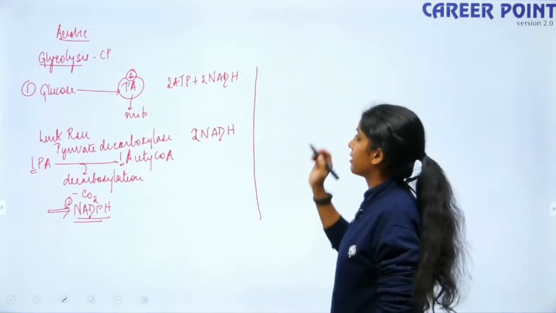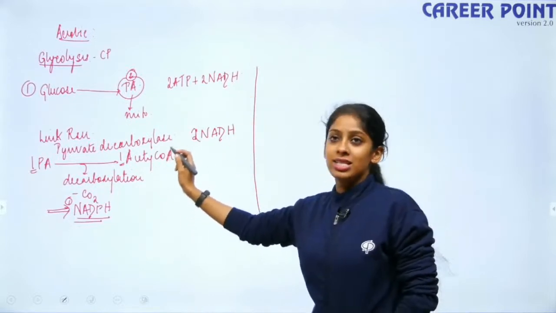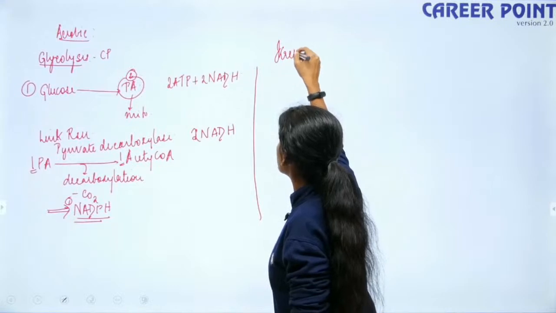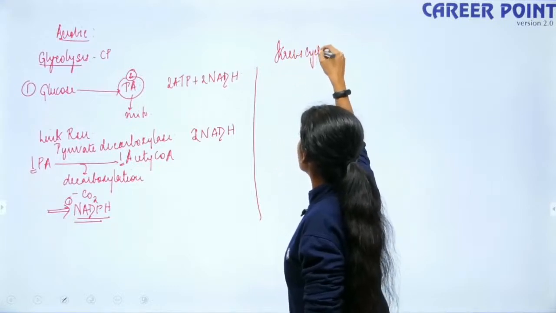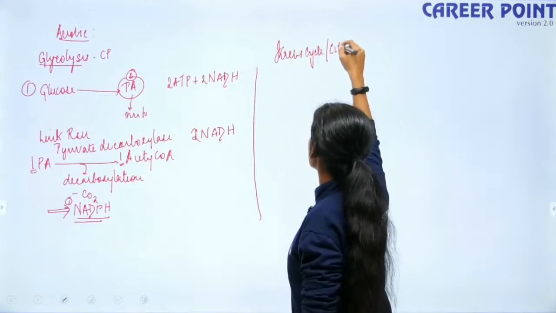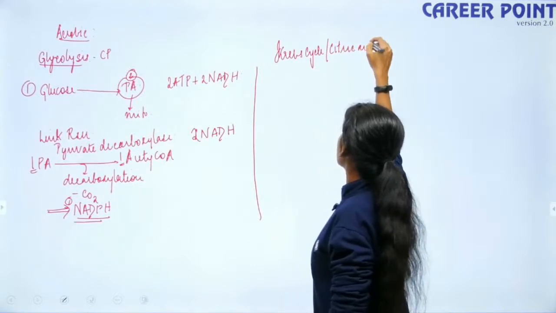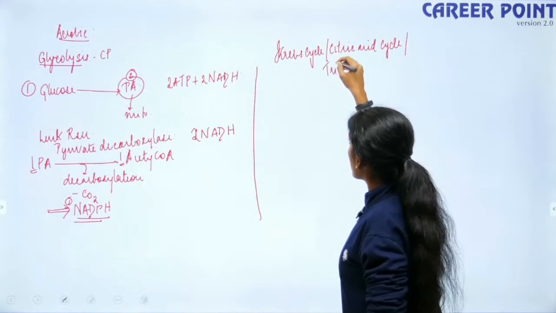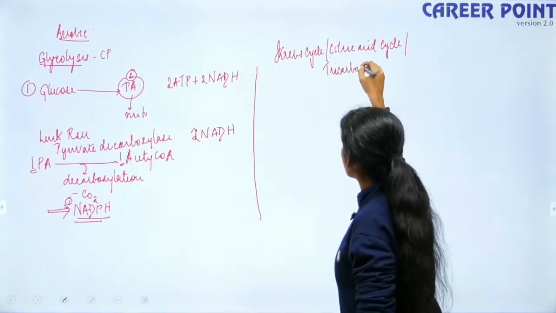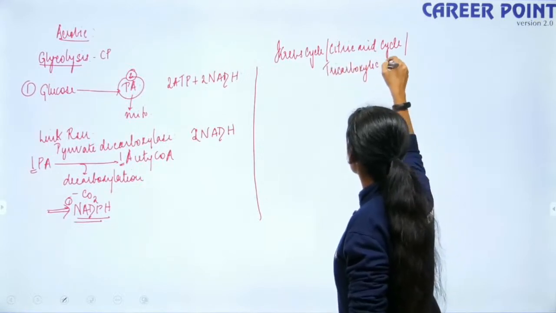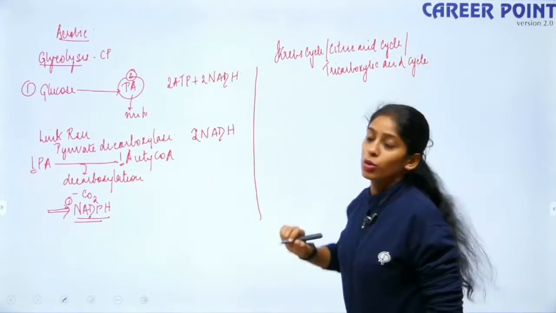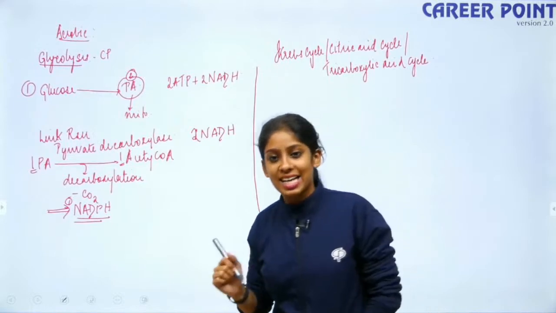So thank you. Fine. So now this acetyl-CoA enters into the next one, that is your Krebs cycle. The Krebs cycle is also known as your citric acid cycle, or your tricarboxylic acid cycle. It is known as Krebs cycle because the person who discovered the cycle is Hans Krebs.